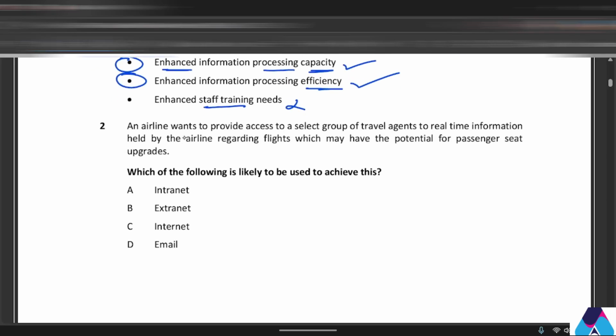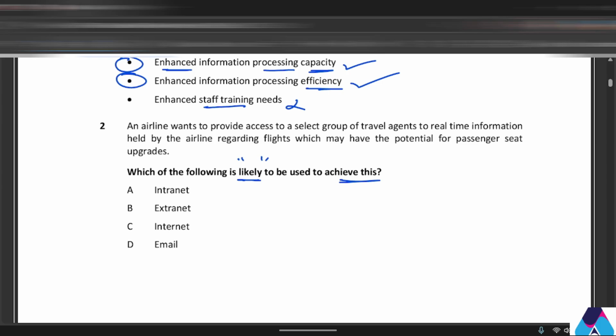Now it says an airline wants to provide access to a select group of travel agents to real-time information held by the airline regarding flights which may have the potential for passenger seat upgrades. Which of the following is likely to be used to achieve this? So basically there is an airline company.